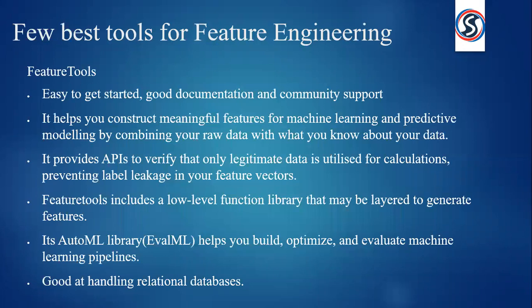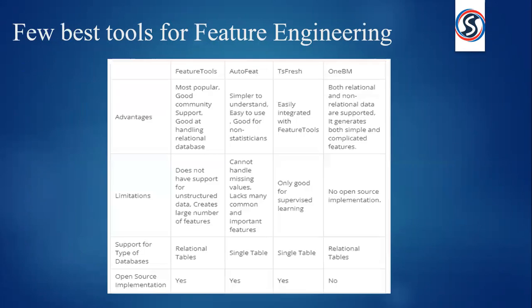The best tools for feature engineering which we saw yesterday, let me take you through their advantages and limitations. These are the feature engineering tools: Featuretools, AutoFeat, TSFresh, and IBM. Featuretools is the most popular tool.